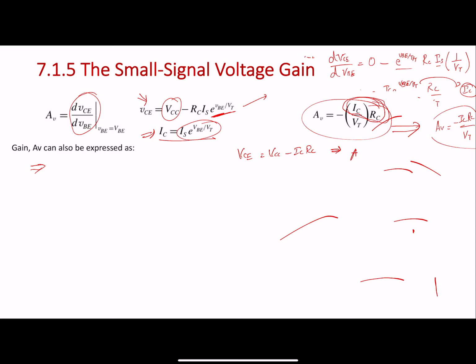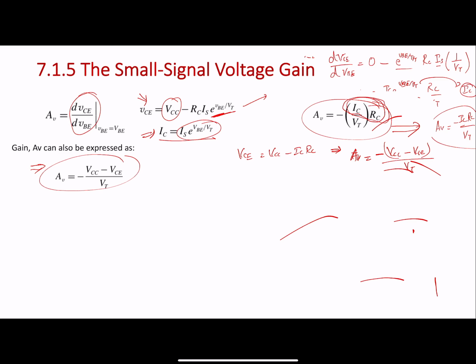Our new voltage gain will be equal to minus ICRC over VT, which equals VCC minus VCE over VT. So this will be the new value of the voltage gain.